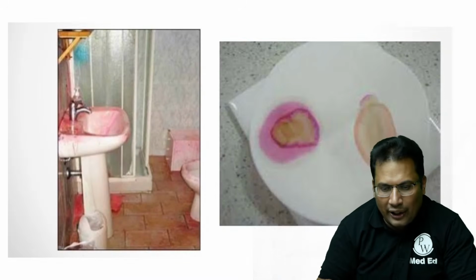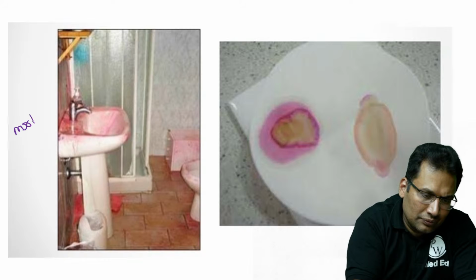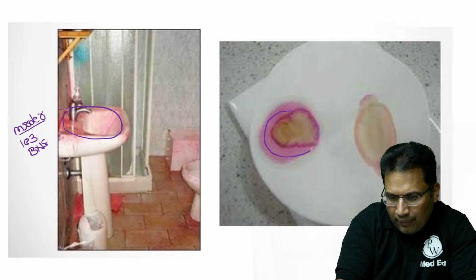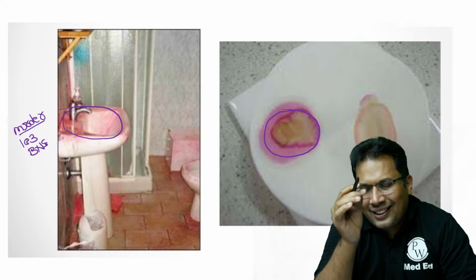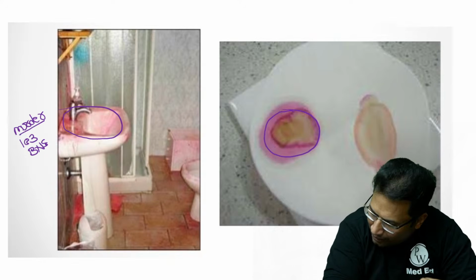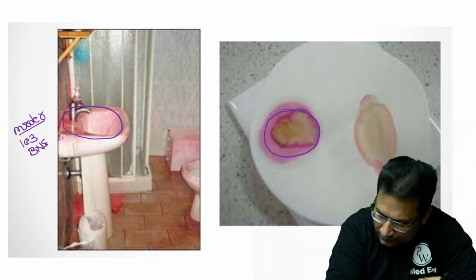Look at this. This is a crime scene of murder, section 103 BNS. What you can see here is the color, a pink color. Can anyone identify what test is used in this crime scene?